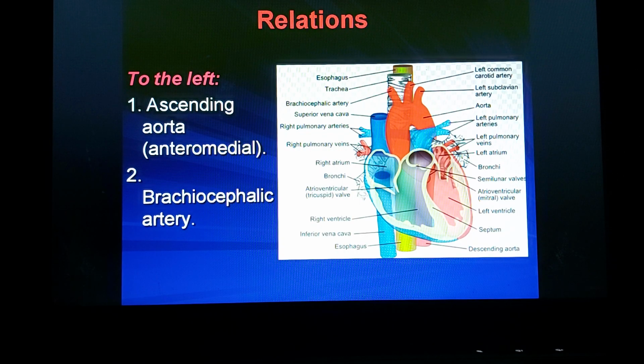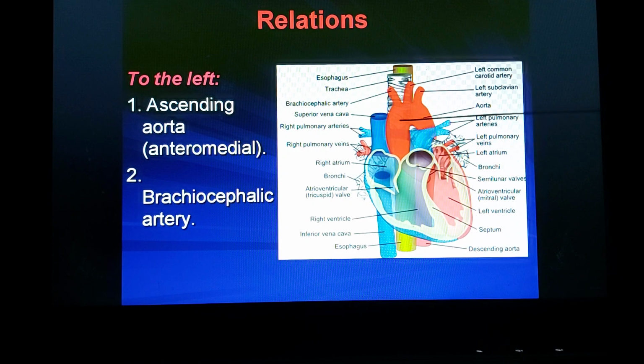Coming to the left side relations. What are the relations to the left side of this superior vena cava? This is the superior vena cava. Here there will be the right side relations, and this side is the left side relations.